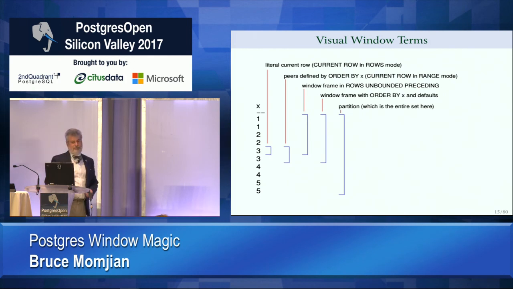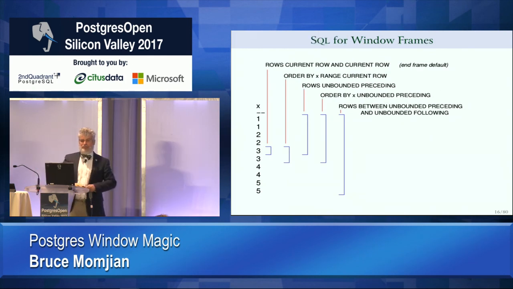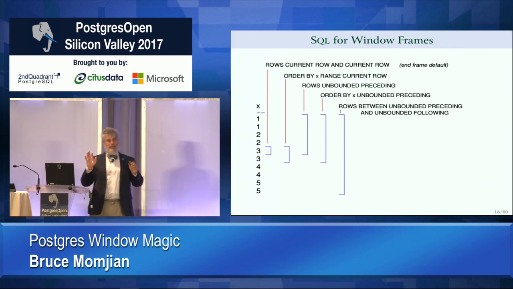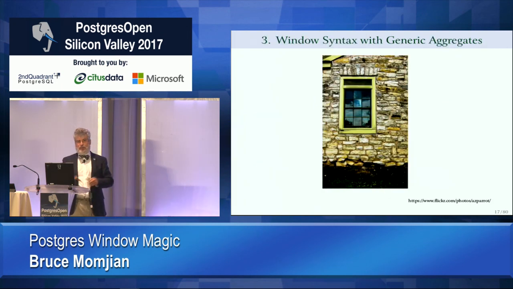It's the whole range. Giving you a little more specifics here, this is the syntax that would define each of these data sets. So the first one would be rows, current row, and current row. Order by, the second one would be order by X range, current row, and so forth all the way down. Again, terrible that I have to do this, but we're going to come back, and this is going to make a lot of sense to you. Any questions?